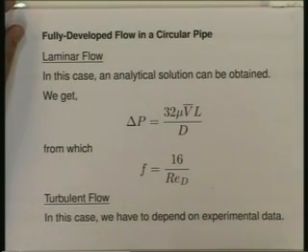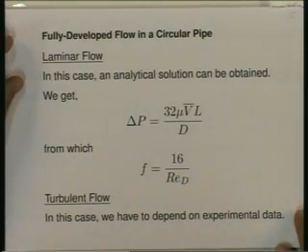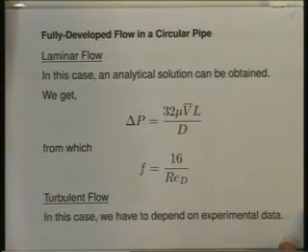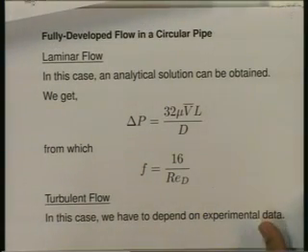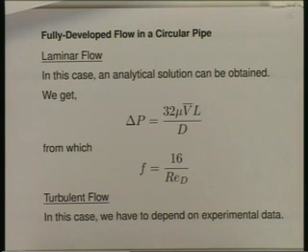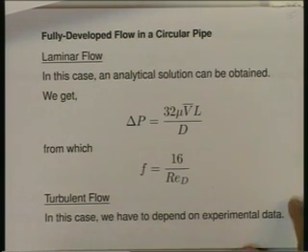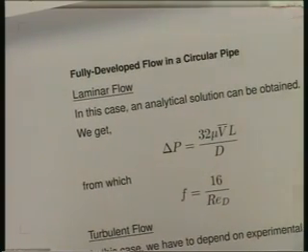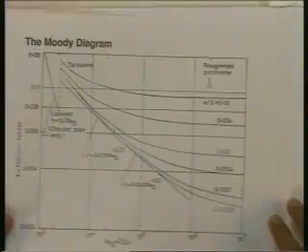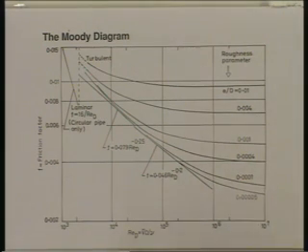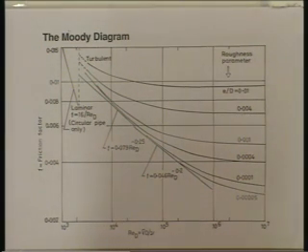For turbulent flow, we have to depend on experimental data, because the Navier-Stokes equations cannot be solved exactly for turbulent flow. In fact, flow through a circular duct is of so much importance in industry that a large amount of data has been obtained and it is put together in a famous chart all of us should know, the Moody diagram.